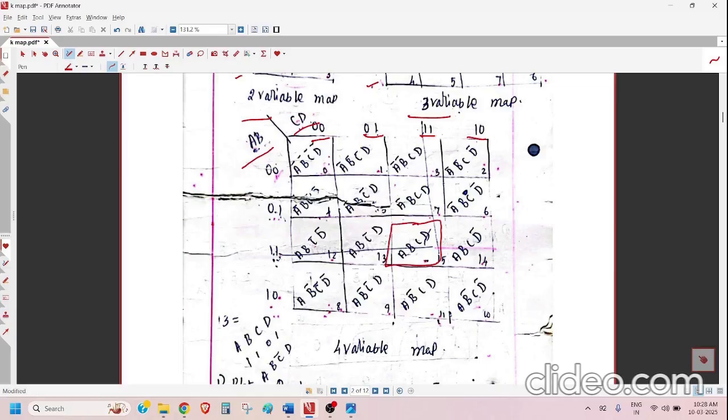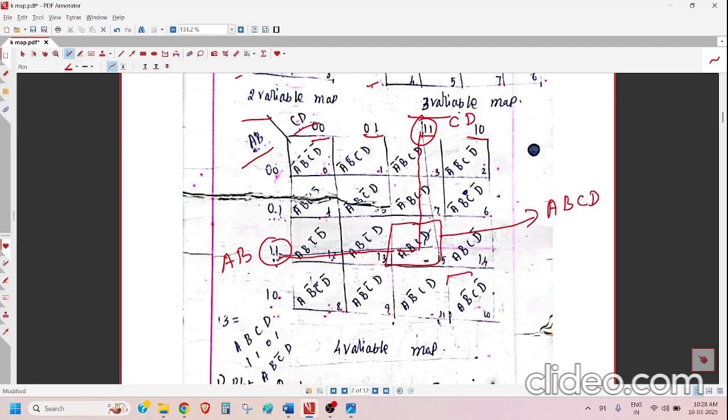You can see this value and this value will be combined for this. What about the input of this 1 1? That means A into B. And this value also 1 1, that is C into D. So the answer for this block is AB into CD. Likewise, you have to mention.